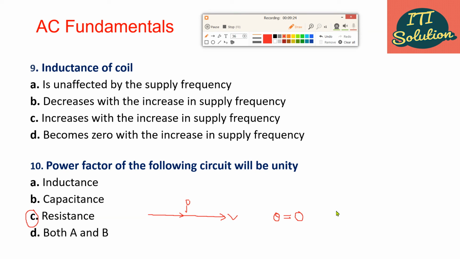So if theta is equal to 0, we all know the value of cos theta is called power factor. So cos 0 value is 1. So the power factor of resistance will always be unity.